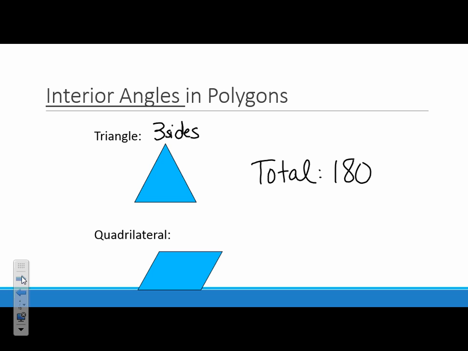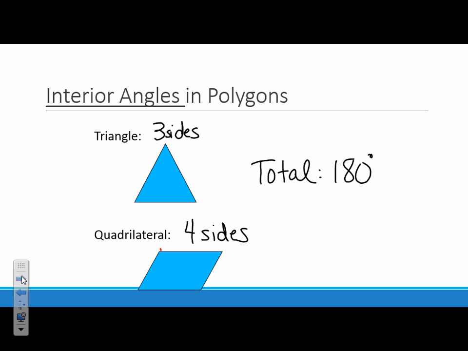The total is 180 degrees. Underneath the triangle, you see a quadrilateral. That has four sides. And how many degrees are there in every convex quadrilateral? We are talking about how many total degrees there are in the shape.